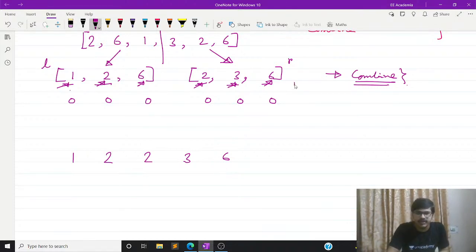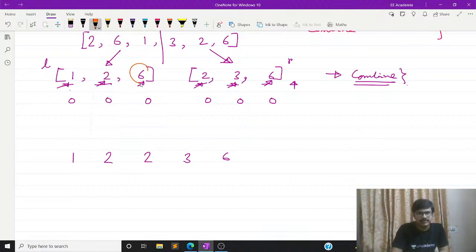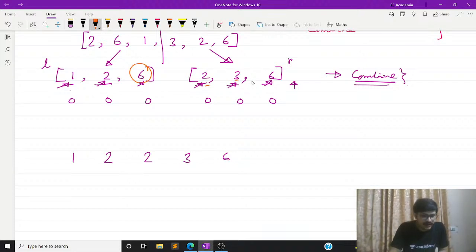Now it is the most important thing which comes. Now I have got 6 here, right? If you see, the number of elements smaller than 6 on the right half is what? This 2 is smaller and this 3 is smaller, right?